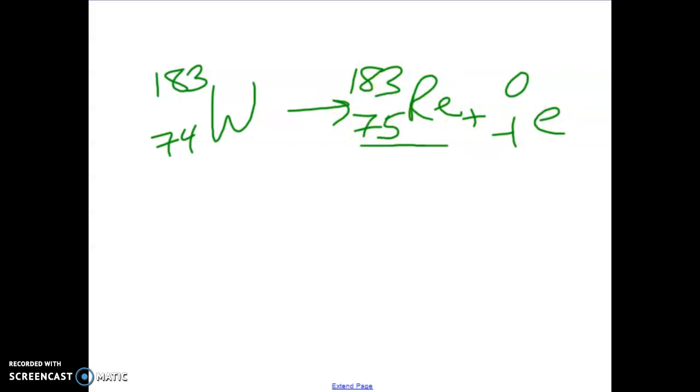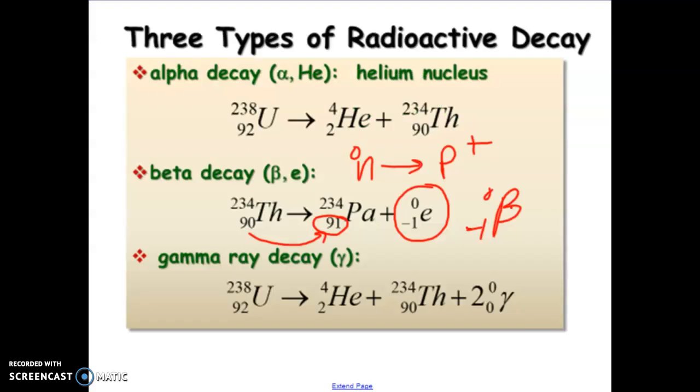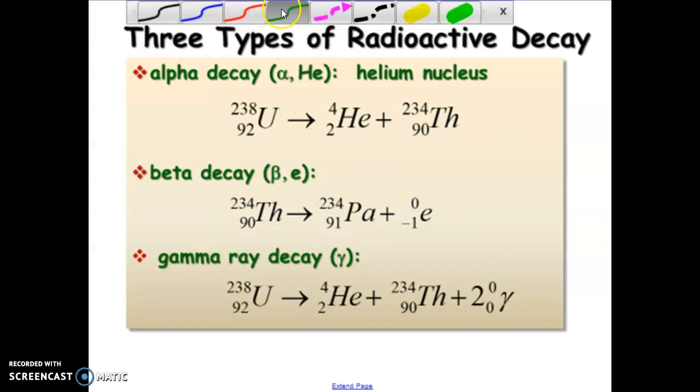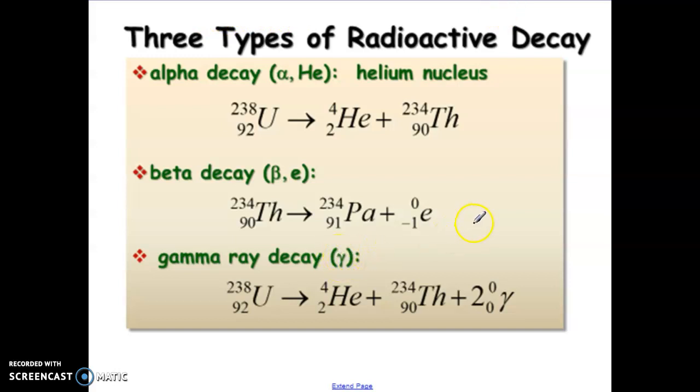Okay, now let's go back and look at gamma radiation. So gamma radiation is actually kind of simplistic to think about. The gamma particle symbol is like a cursive y, which is the gamma symbol from the Greek alphabet. And it has no mass and no charge.